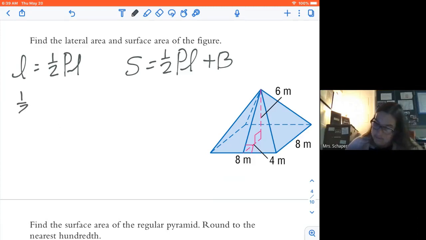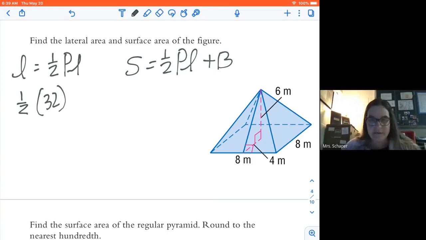1/2 times the perimeter. It looks like the base is a square, so that's 32, times the slant height. They don't give me the slant height, so I need to figure it out. What I have here is a right triangle, and I need to figure out what that slant height is.